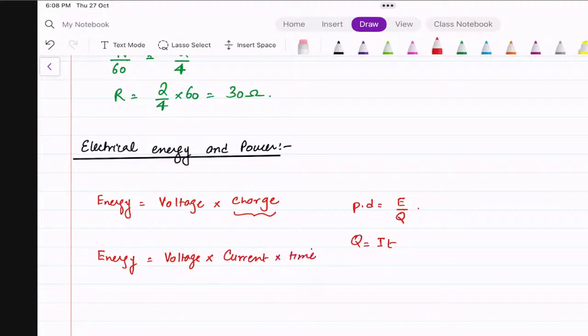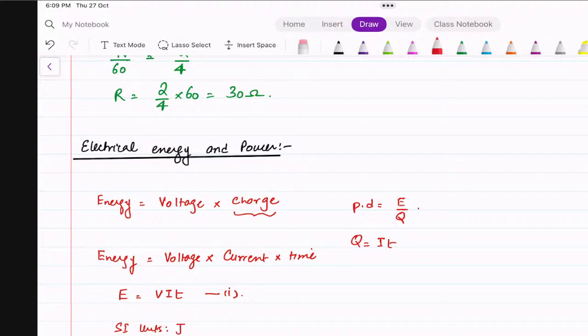So generally we would want energy as V, I and T. So that's just that. Now of course the SI unit would be the same as all energies have. That's joules. There's no difference on that.